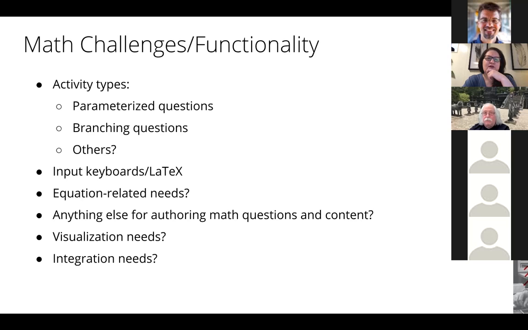One strategy that can be used, rather than having online parameterized question generation, is to do it offline. In the cognitive tutor authoring tools, there's this mass production idea where you can take a problem you've authored. It can be a multi-step problem, but it doesn't have to be.